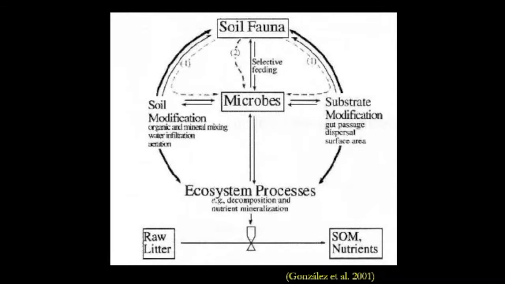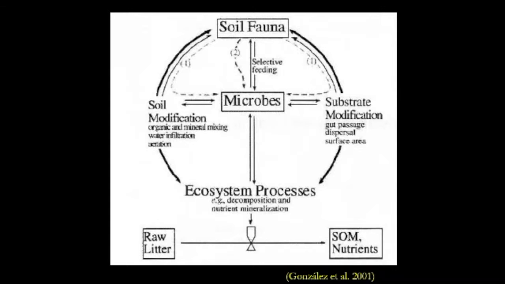The organic and mineral mixing, the water infiltration, aeration, these are things that are more associated with the larger animals, like the earthworms. Also, with substrate modification, as they pass the materials through their gut, they can affect the dispersal and the surface area of the material.